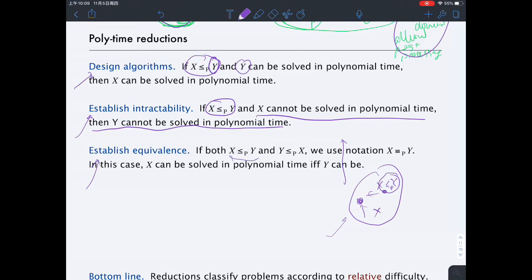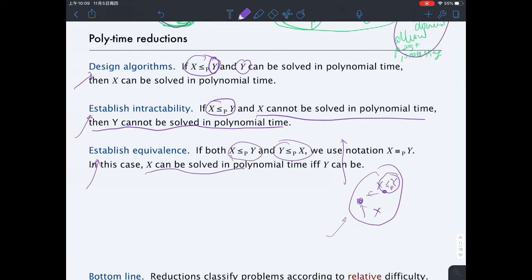Finally, we can also establish the equivalence between two problems. If we know x is easier than y, and y is easier than x, then computationally we can directly say that these two problems are effectively the same.